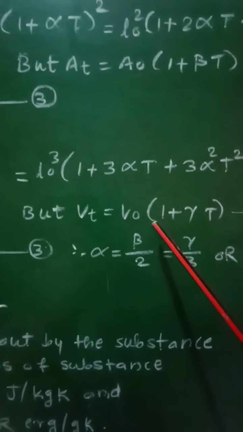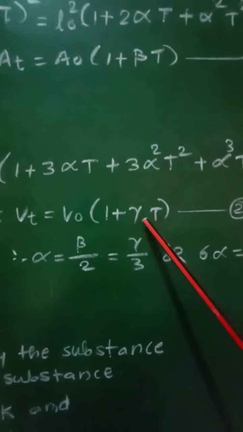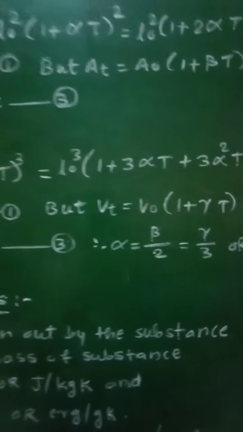Phi T is equal to phi 0 into 1 plus gamma T, equation number 2, where gamma represents the coefficient of volume expansion.